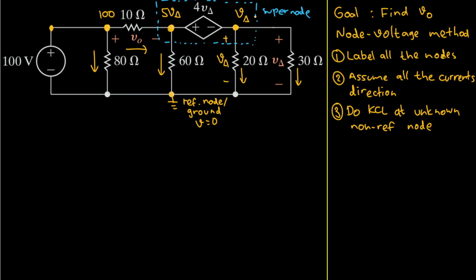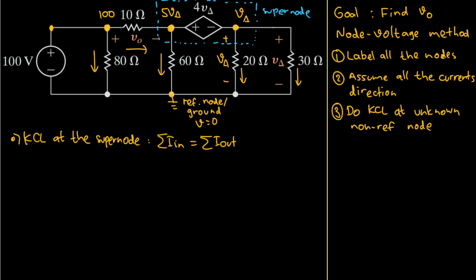So we only need to do KCL at the supernode. Let's do exactly that. What does KCL say? KCL says that the sum of the current that goes in will equal the sum of the current that goes out.